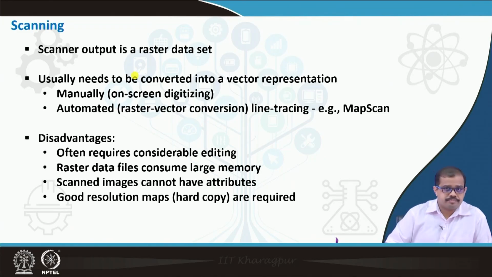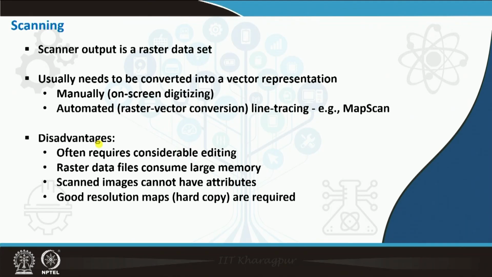There are certain disadvantages: it often requires considerable editing. I am sure most of the automated things need considerable editing. You need to put in a lot of effort in editing, or have a secondary check. Then raster data files normally consume huge space.